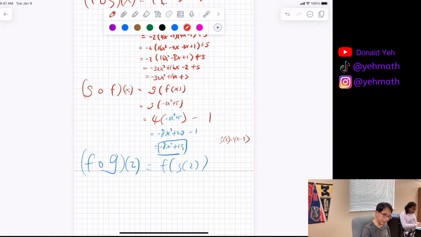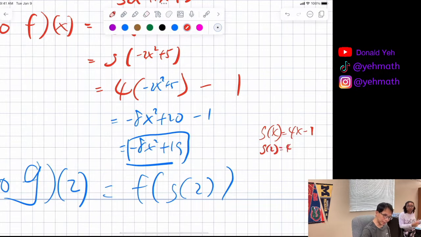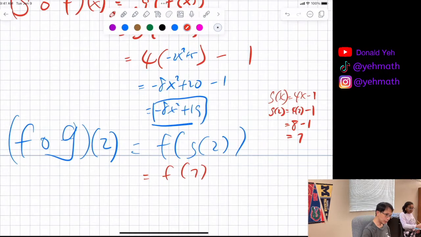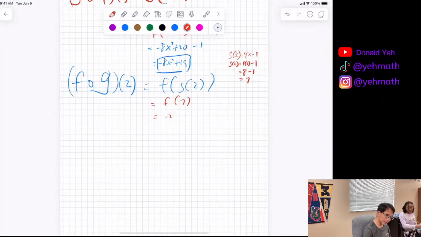So if I plug the value into g, I'm going to say g of 2. That's going to be 4 times 2 minus 1, which is 8 minus 1, equal to 7. Is that okay? Now I can replace that with 7 right here and plug into f. So it'll be negative 2 times 7 squared plus 5.